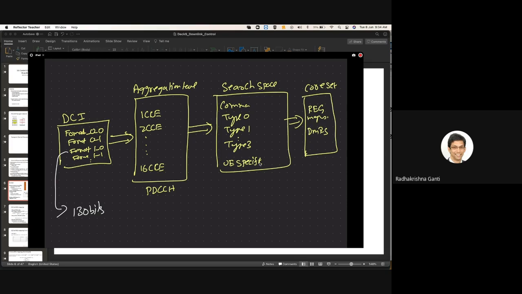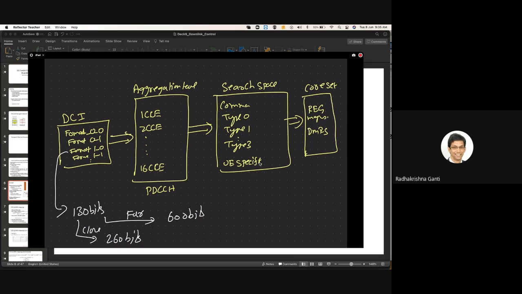For a user who is far, you put a low code rate. After coding and other things, this will extend to maybe 600 bits. Maybe you put a very low code rate. Whereas for a user who is close, this may extend only to 260 bits. You may put half code rate, whereas here you put 1/4 code rate.